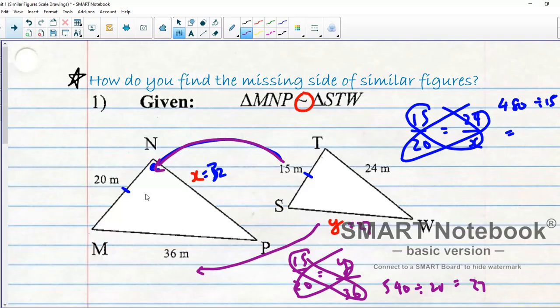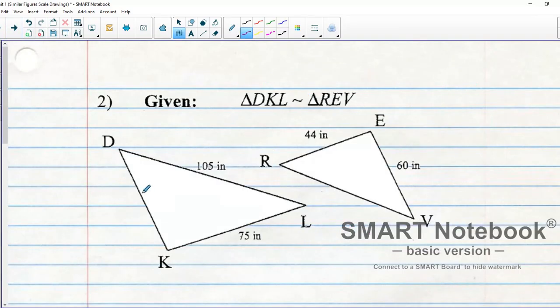So I think I got one example for you here. Now, I picked this question for a very specific purpose. And that's because these two, have you noticed, they have different orientation. Now, we mentioned this in class. What do I mean when I say two shapes have different orientation?